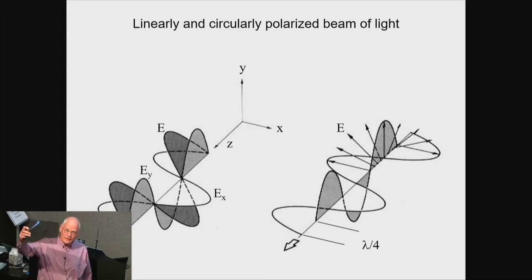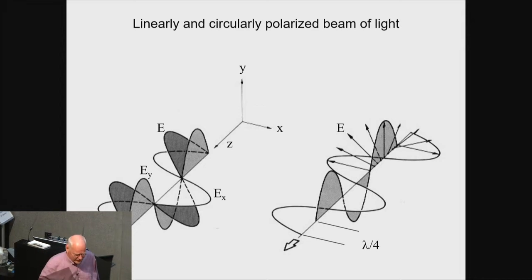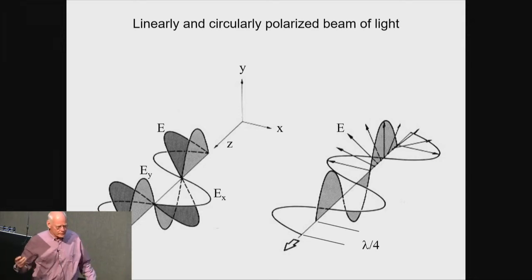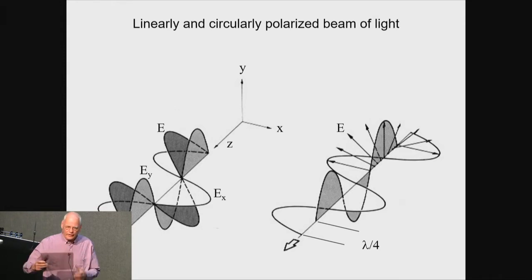This is a filter that Edwin Land of Polaroid discovered in the 1920s: if you put small needle-shaped iodine crystals into a plastic matrix and then stretch the matrix so that the polymers become aligned, they also align the iodine crystals, and then they absorb linearly polarized light that is parallel to the crystal axis.